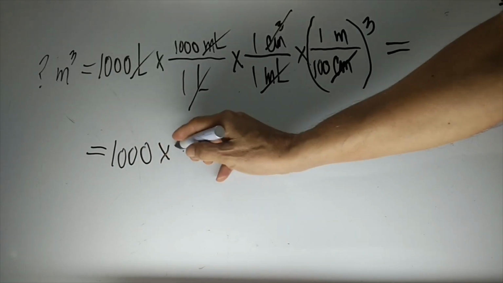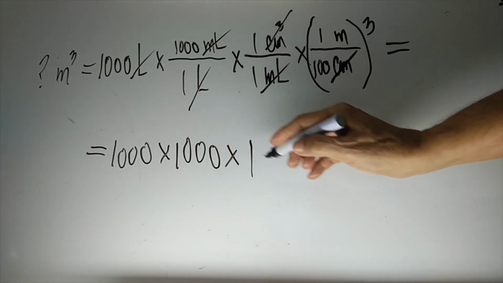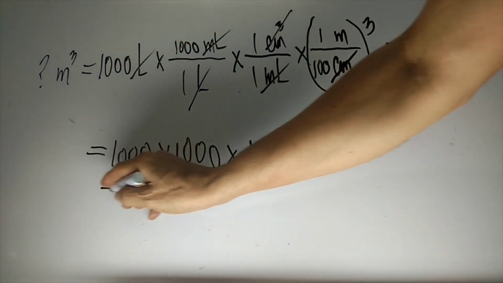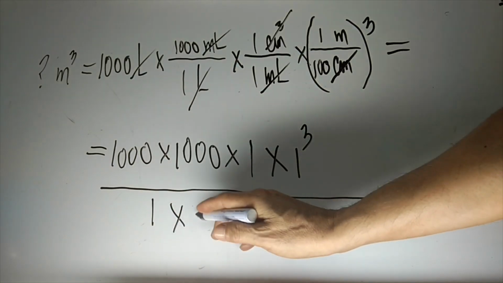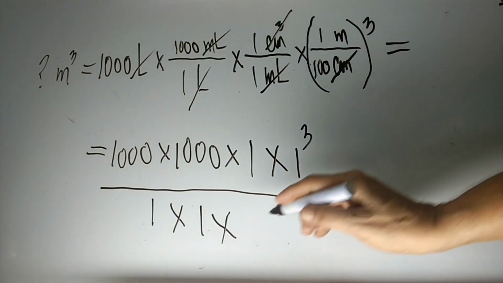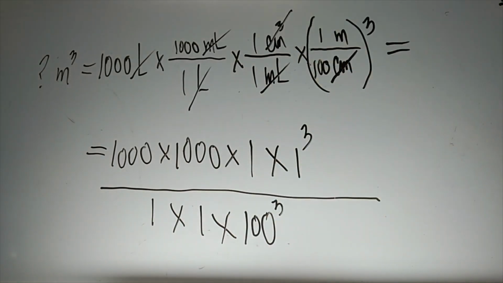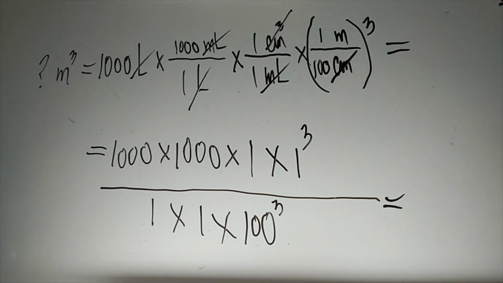1,000 times 1,000 times 1 times 1 cube all over 1 times 1 times 100 raised to the third power is equal to, using your calculator, you will get the answer of 1 cubic meter.